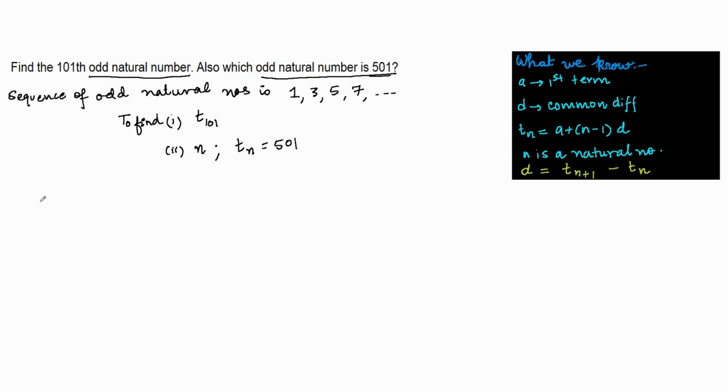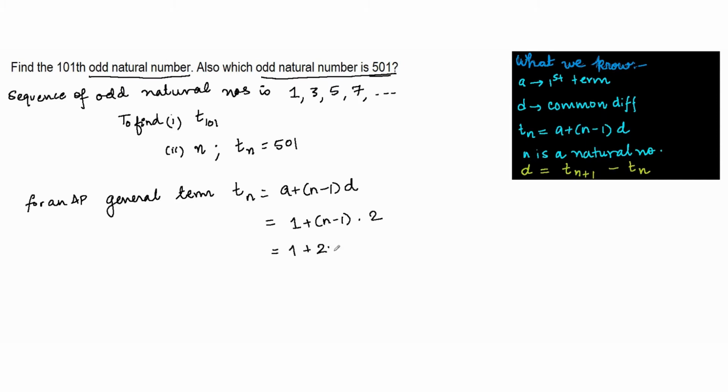So let us now first find the general term. So I can say that for an AP, general term Tn is given by a plus n minus 1 times d, and that is going to be a is 1 plus n minus 1 times 2, d is 2.